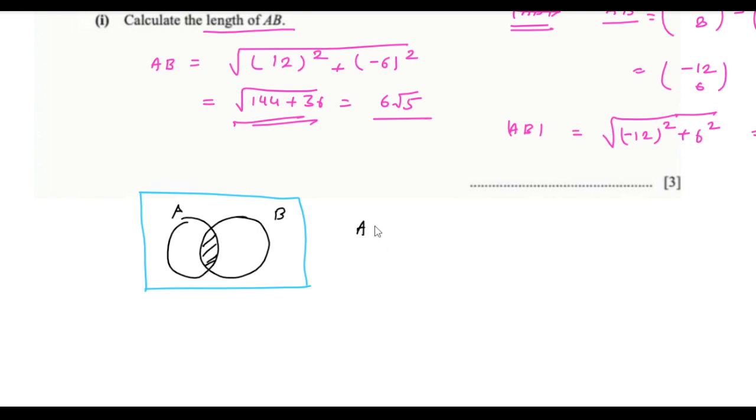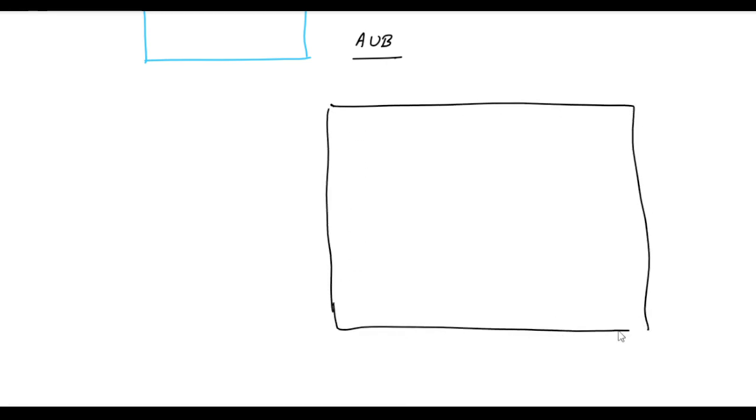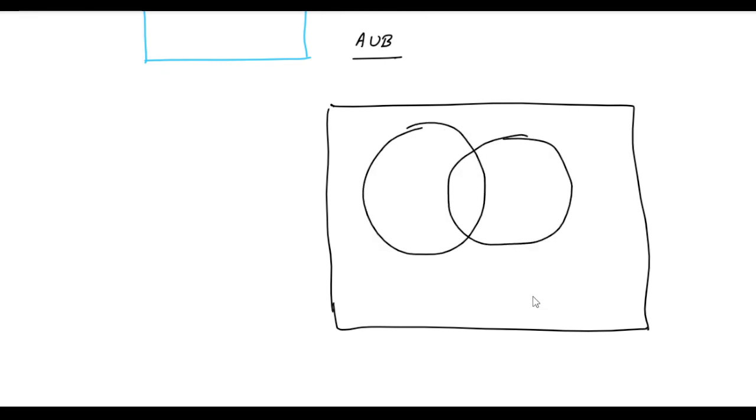Then in that case, it is A intersection B. If I shade this part as well as this intersection part and this part, it's A union B. Now, let us consider a three circle problem. I have a big box, and then here I have one circle, another circle, and a third circle. Let us name them A, B, C.